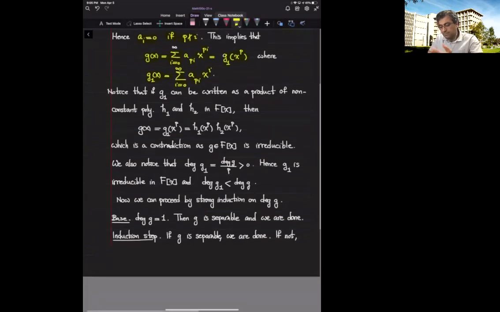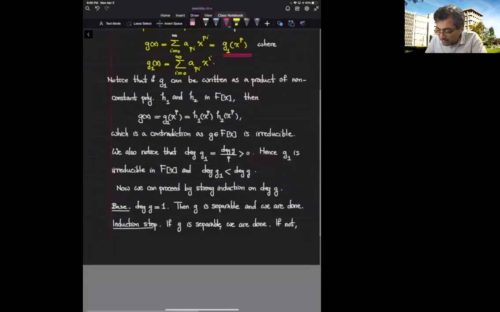So all of a sudden what we are getting is that if g is an irreducible polynomial and it's not separable, then it is g sub 1 of x to the p for some polynomial g1 with coefficients inside the same field.